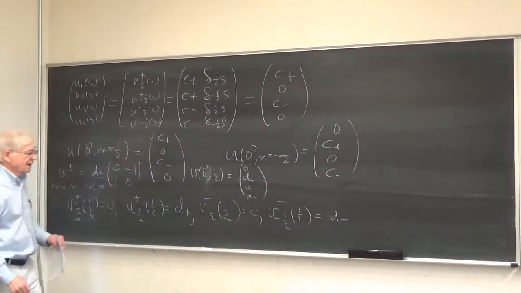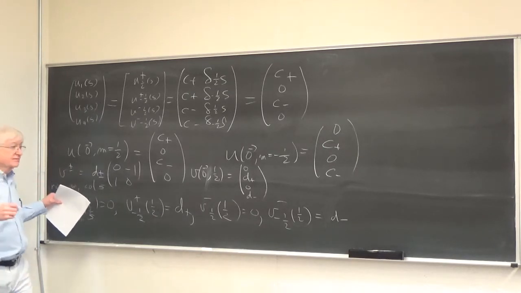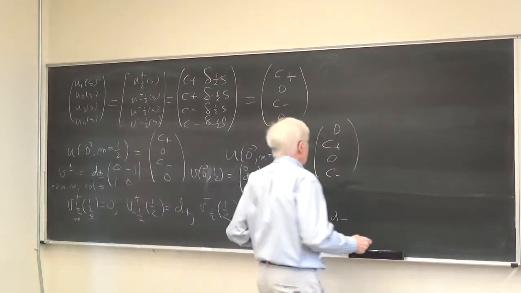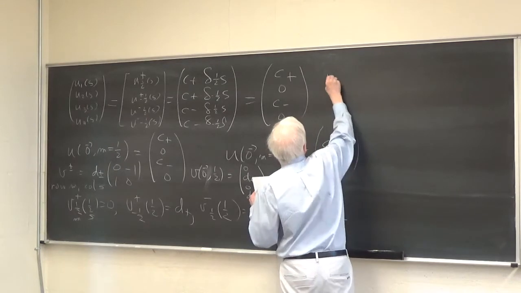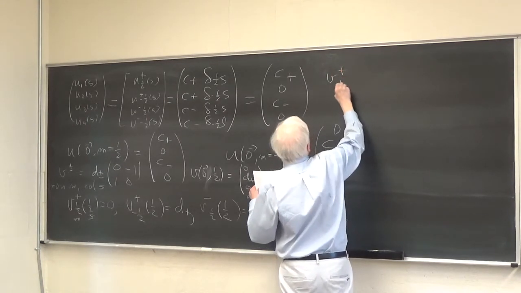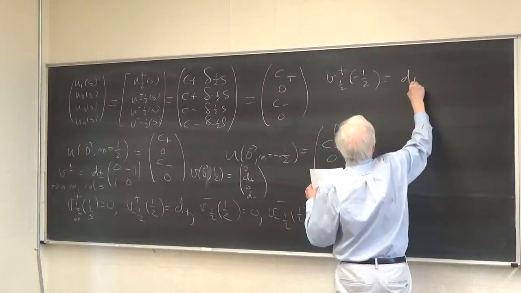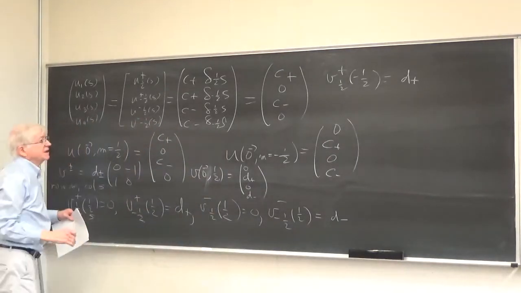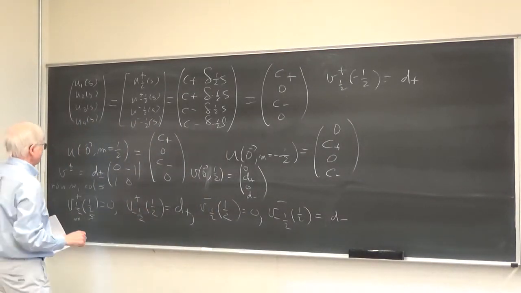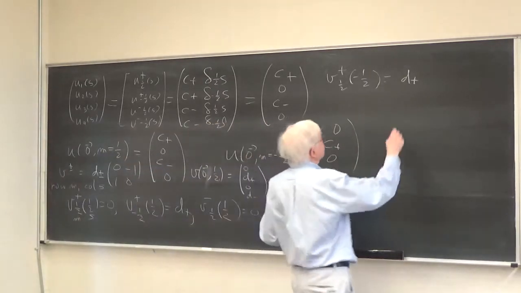That tells us what the spin-up spinor is for the antiparticle. And then the other cases are V plus 1/2 minus 1/2. Well, this is going to be D plus, and now M is 1/2, so it's top row, but second column, so that's a minus sign.